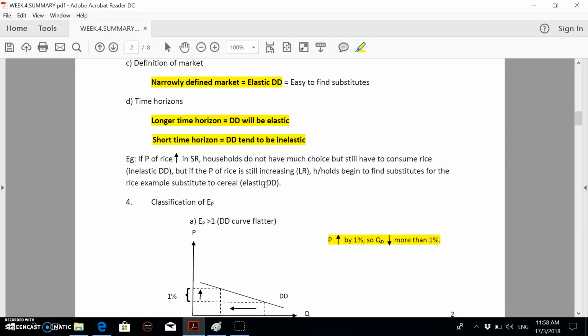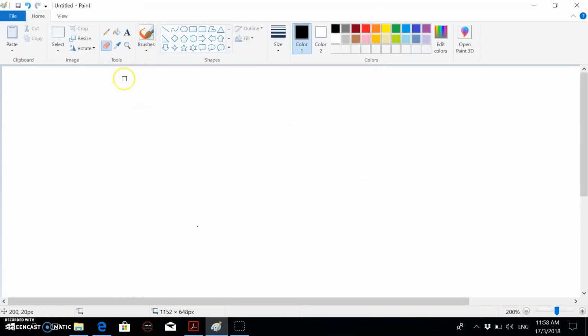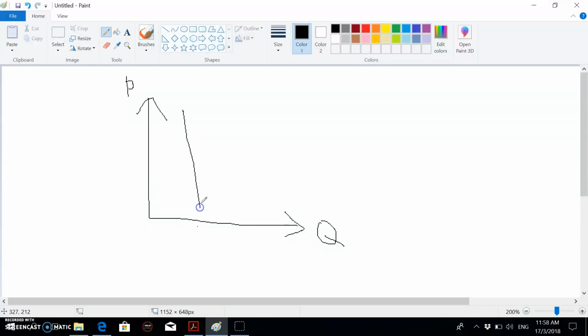All right, let me give you an example. We're talking about time horizon. This should be T. This is quite difficult, I have to use a mouse to draw this. Okay, demand. Let's assume this is the demand for rice.